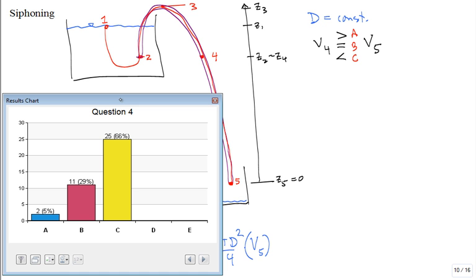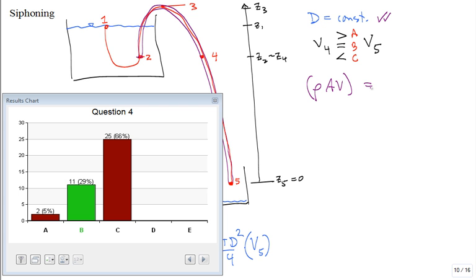The answer, to get the right answer, is B. What concept would you use? You had asked the question, when I asked, hey, is the diameter constant? And we just went over that. The diameter of the siphon is not changing. So rho A V is the mass flow rate.